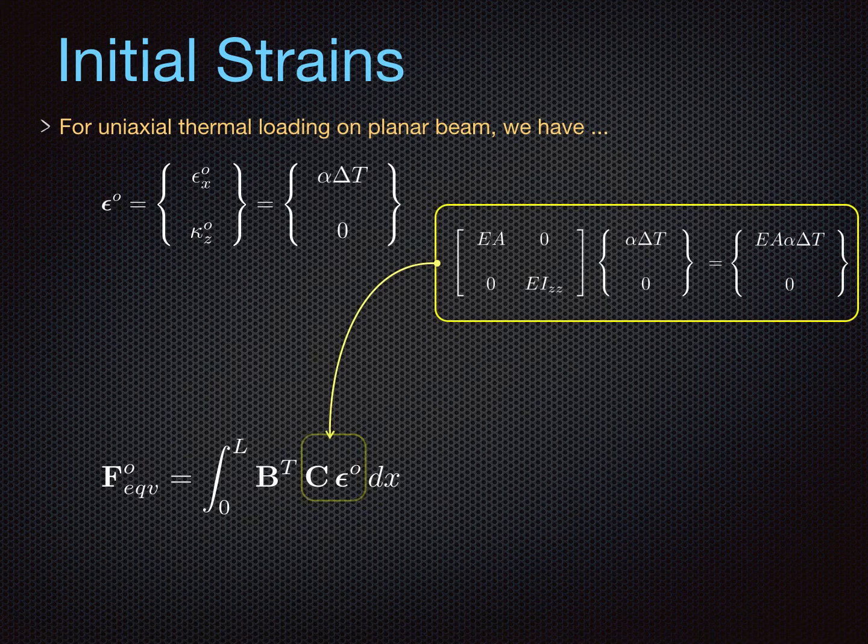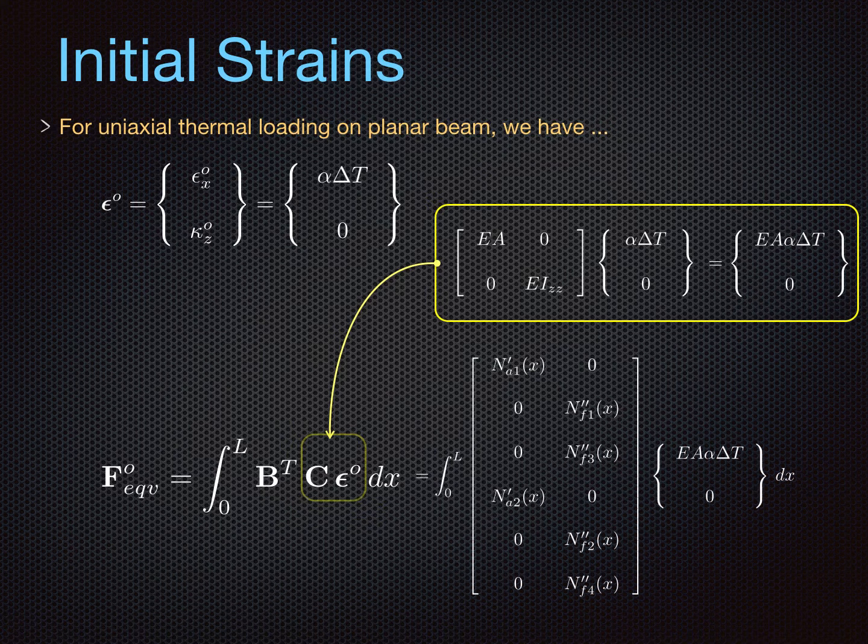And our B matrix is defined by whatever shape functions we have and their appropriate derivatives. And then C times epsilon naught is simply that.